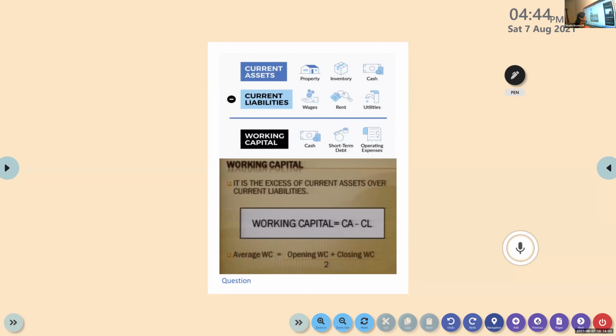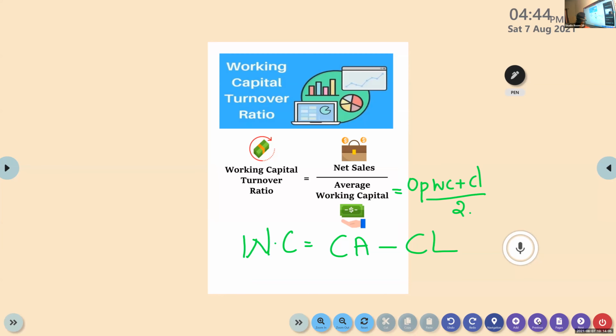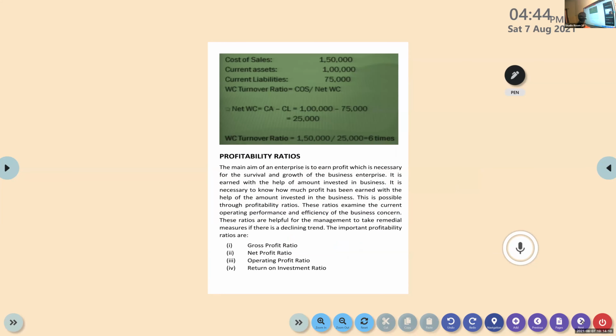No, I didn't. Net sales divided by average working capital. Net sales, or you can also use the term cost of sales. Cost of sales means cost of goods sold.